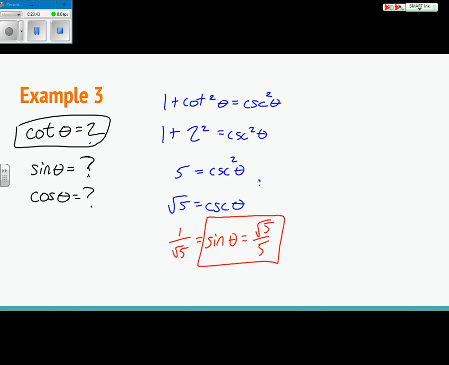Now, there's 2 things that I can do in order to get my hands on this cosine, okay? Let's think about it. I know what sine is. I know what cotangent is. Now, Sophia, come back to you. Is there something easy I can use with cotangent that will help me with cosine and sine?